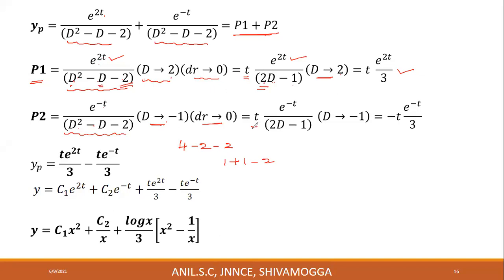In such cases, multiply by t, keep numerator as it is and differentiate denominator. Derivative of d square is 2d and that of minus d is minus 1. Minus 2 is a constant. Now replace d by minus 1. 2 into minus 1 is minus 2. Minus 2 minus 1 is minus 3. This minus into 3. T into e power minus t will be the numerator.